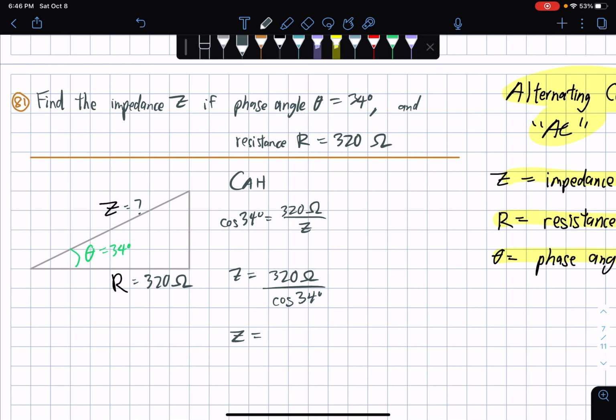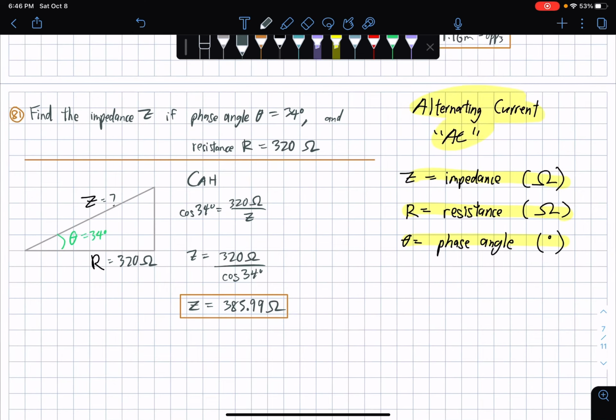So put those values in the calculator, and we get 385.99 ohms. This is the final answer. There are new terms that correspond to the general parts of a right triangle in the context of precalculus.